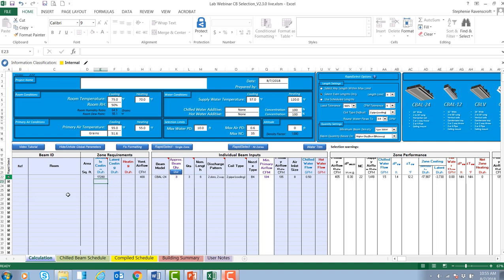If a variable volume approach was desired, selections should be performed using the same configuration and using as little airflow as possible.